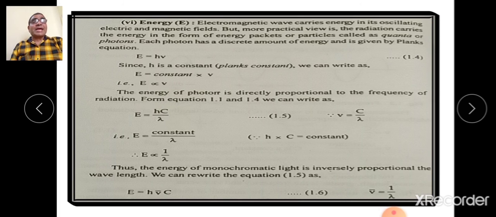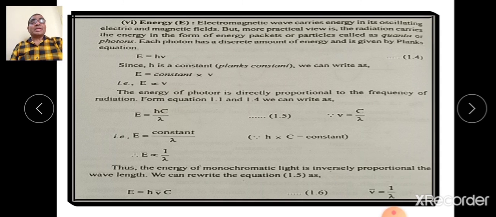Each photon has discrete amount of energy, and it is given by Planck's equation E equal to h nu, where h is a Planck constant, and therefore the relation becomes E equal to constant into nu, and that is energy is directly proportional to the frequency.